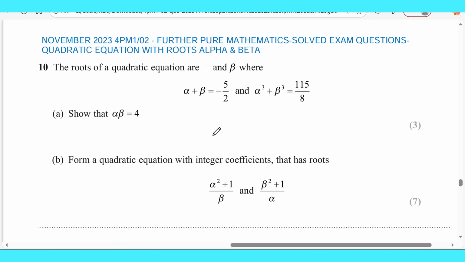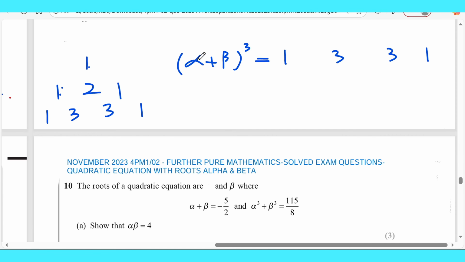Okay guys, so for A we have alpha plus beta equals -5/2 and alpha cube plus beta cube equals 115/8. Now we'll try from here. We know the expansion of a cubic, so we start from the expansion of alpha plus beta cubed.